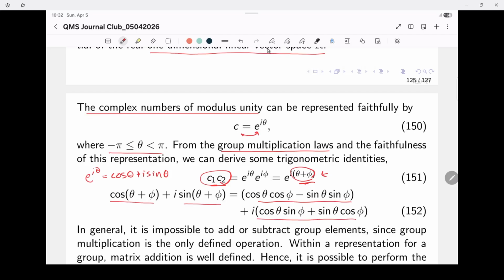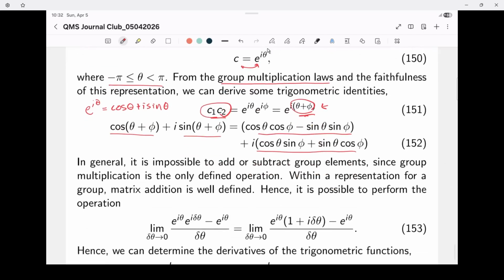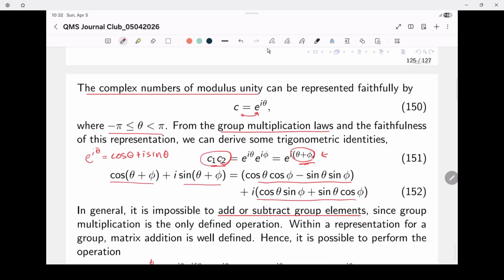Okay. Another thing is that it helps you to find what happens when you take limits. When you take limits, what you really need to do is to add and subtract your group elements. However, the group that we define only has multiplication.